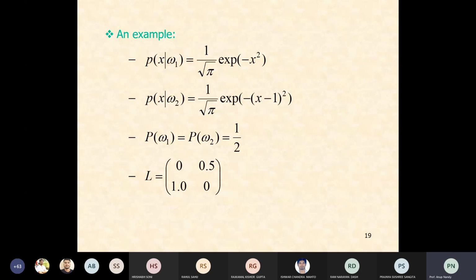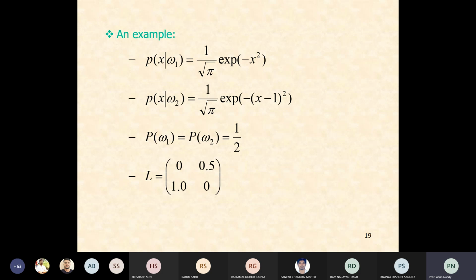That is, p(x|w1) is equal to 1 by root pi times exp of minus x square, and the density function for p(x|w2) is equal to 1 by root pi times exp of minus (x minus 1) whole square, where P(w1) equals P(w2) equals half, and the loss matrix L is equal to 0, 0.5, 1.0 and 0.